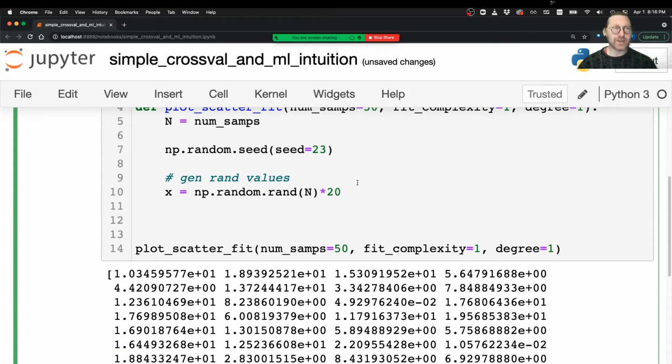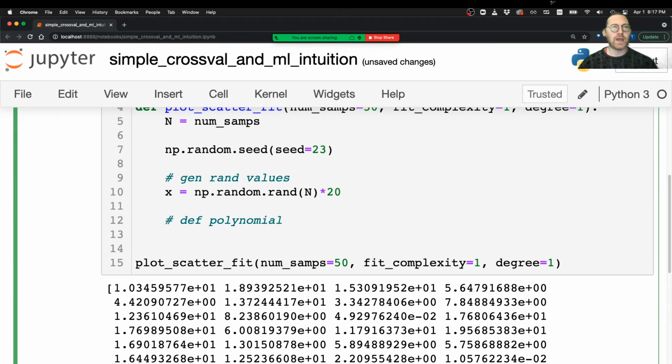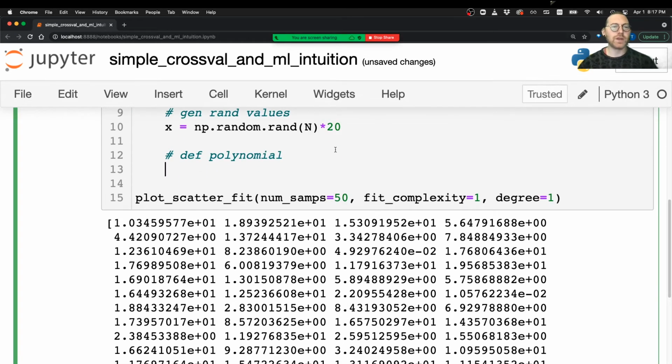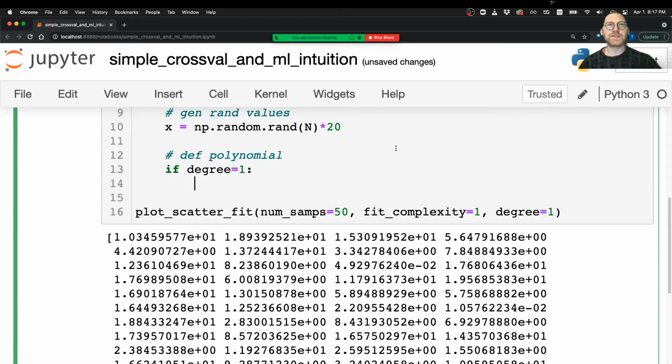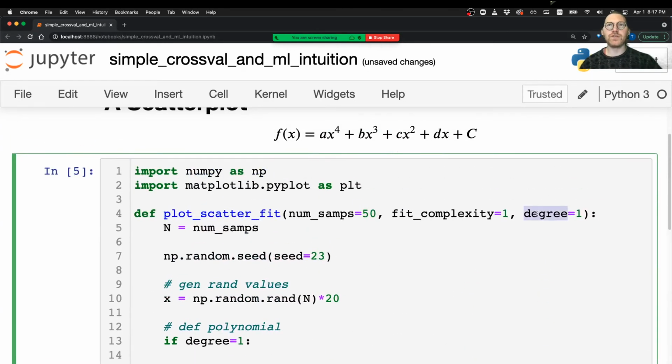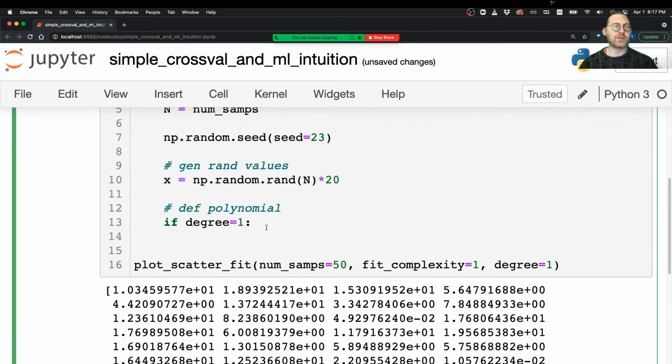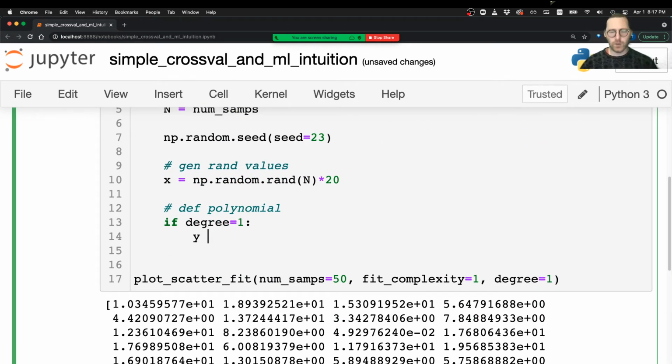So the next part of this is to define the polynomial, and this is going to be very straightforward. I'm going to use the same values that I used in Desmos when I plotted it in the graphing calculator. So if the degree of the underlying function is 1, then y is going to get 5x plus 3.